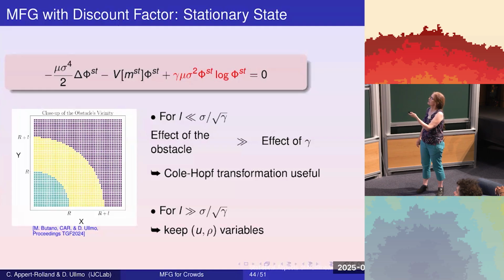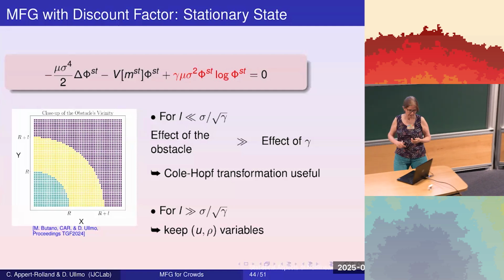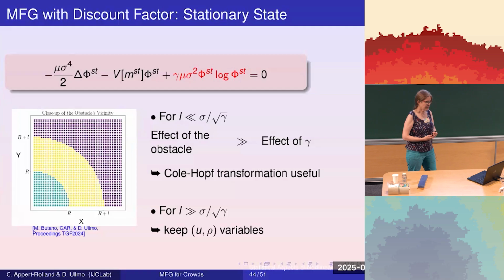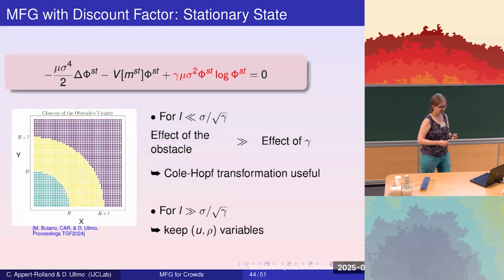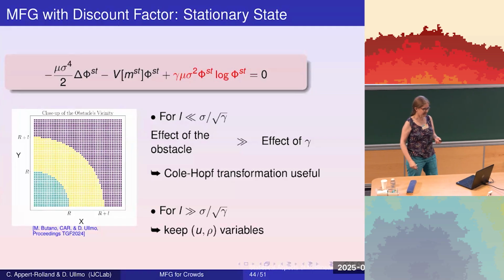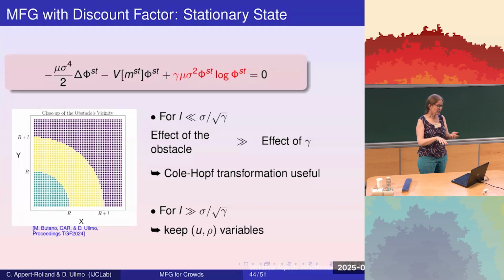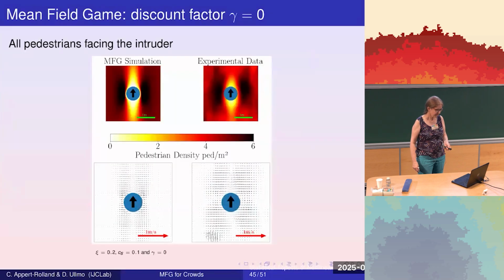And in the remaining region, we will keep the u, rho variables, because it's now useless to go into these transformed equations. So it's just a way to say that there are many numerical issues behind these models. This you have seen already in the case of pedestrians facing the cylinder.